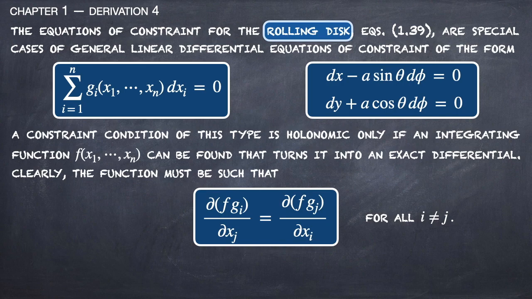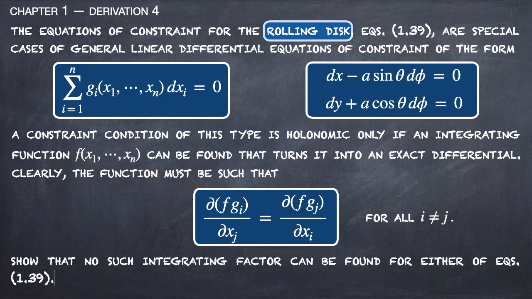We're going to explain this method in this video. Clearly, the function must be such that the partial derivative of f gi with respect to xj is equal to the partial derivative of f gj with respect to xi for all i different from j.